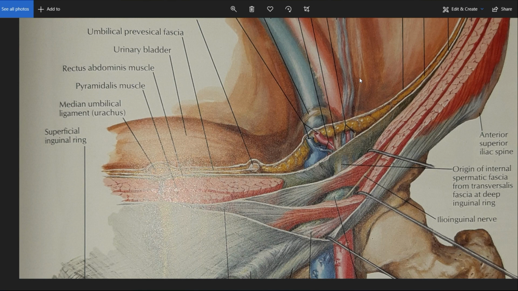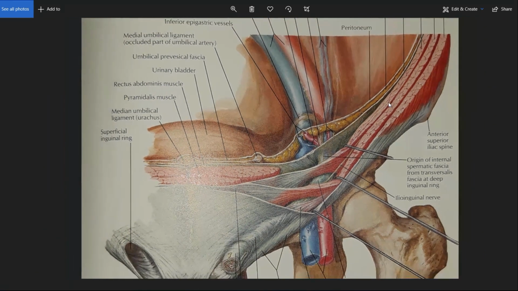But some abnormal constituents might also be there in the spermatic cord. Very peculiarly, we might have an accessory spleen in the spermatic cord, which is a very, very bizarre kind of abnormal constituent.